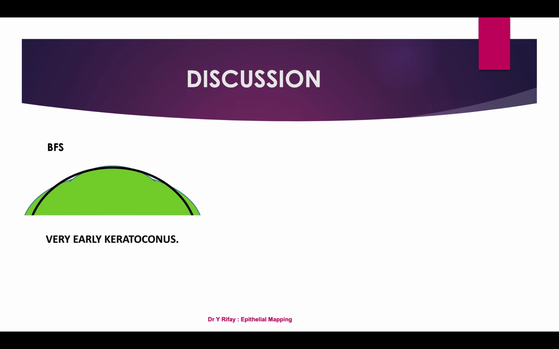When we have a very early keratoconus, and when we use the BFS mode of elevations in the posterior surface, when the keratoconus is too small and too early, the reference surface is near to the steepest and the flattest area of the cornea. So the values of the elevations are too small and they are in the normal range.